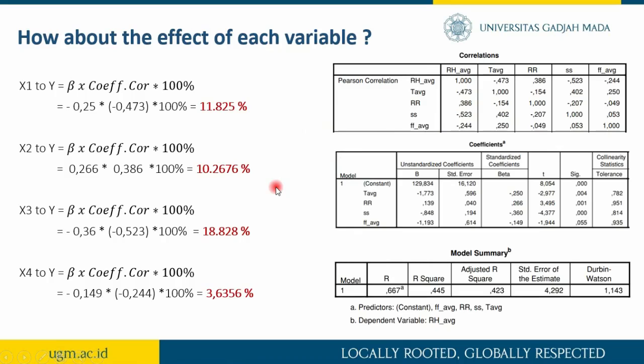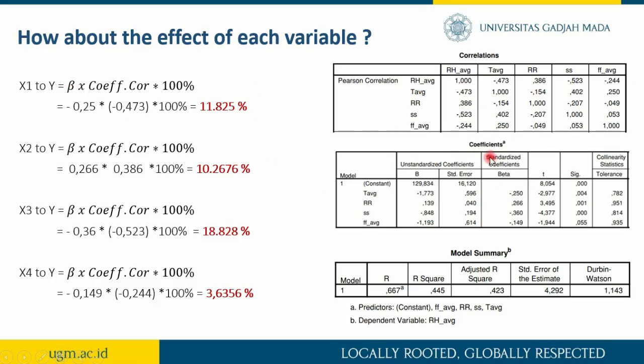And then how about the effect of each variable? Okay, we use this formula, beta multiplied by the correlation coefficient multiplied by 100%, to know the effect of each variable. And then we look at these tables: the correlation table, coefficient table, and model summary. We get the beta in this coefficient table.